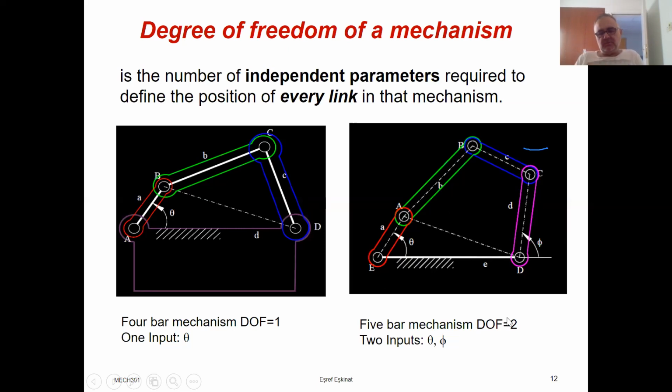We want to find this number from the analysis of mechanisms, from the number of links, number of joints, and the type of joints.